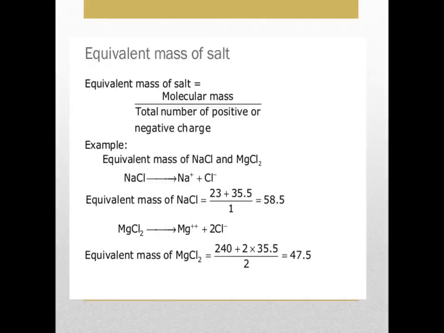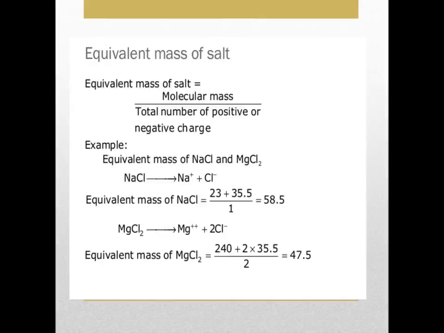The molecular mass of sodium chloride is 23 plus 35.5, divided by the positive or negative charge number, which is 1. So, the answer is 58.5.